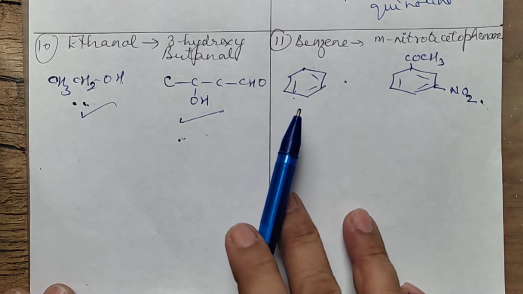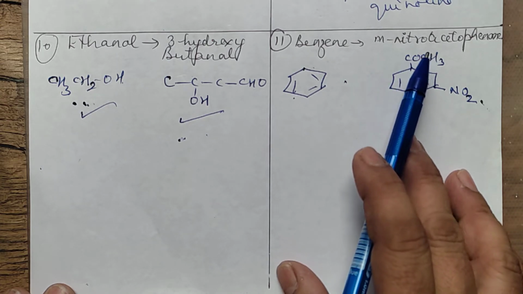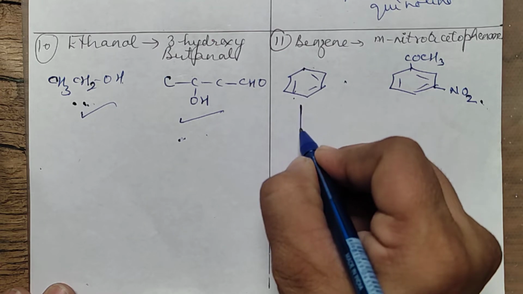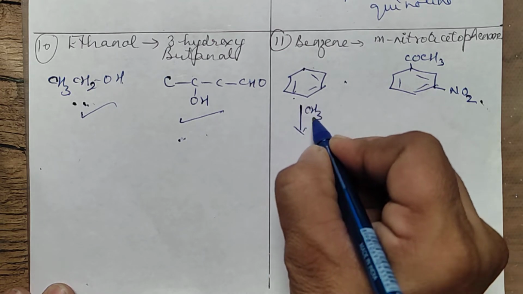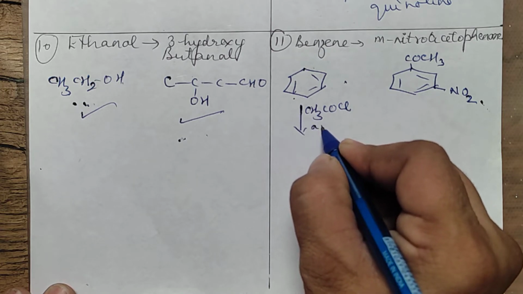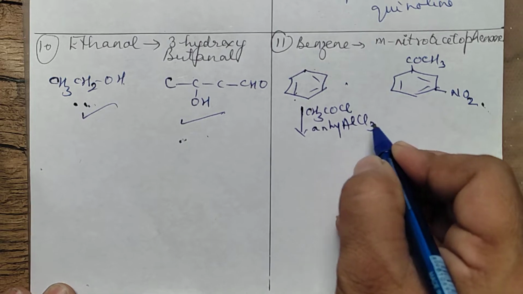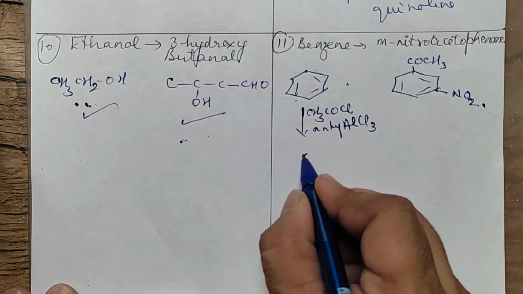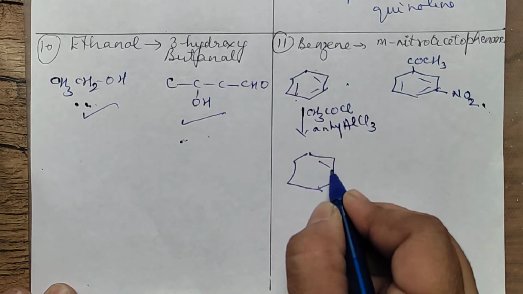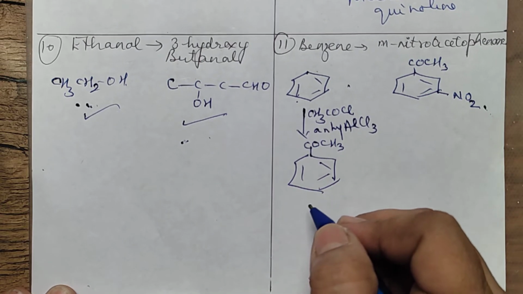Benzene to acetophenone means we have to introduce acetyl group. So simple it is. You can carry out the reaction with acetyl halide in the presence of anhydrous Lewis acid, AlCl3. This is Friedel-Crafts acetylation. So in Friedel-Crafts acetylation you are getting acetophenone.